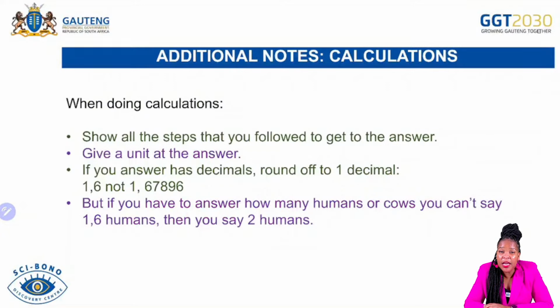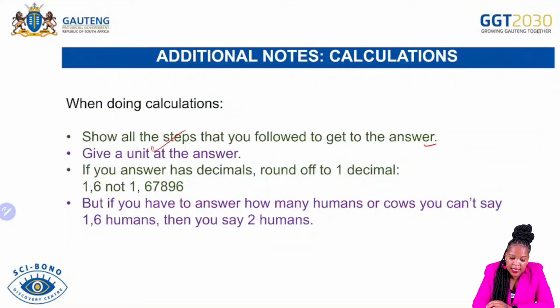Then some additional notes that you can take note of for the calculations. When doing calculations, you need to show all the steps that you followed to get the answer. Very important because there are marks for the steps. Also give a unit. Then if your answer has decimals, you must round them to 1 decimal. Don't write the whole value number, just write 1.64, 1.67, just keep to 1 decimal.